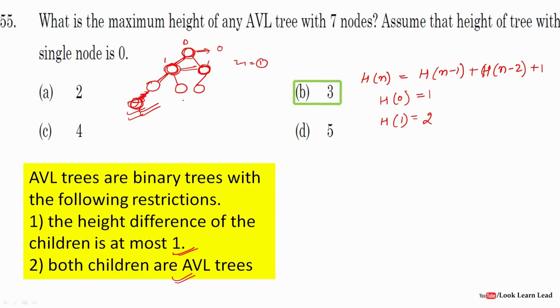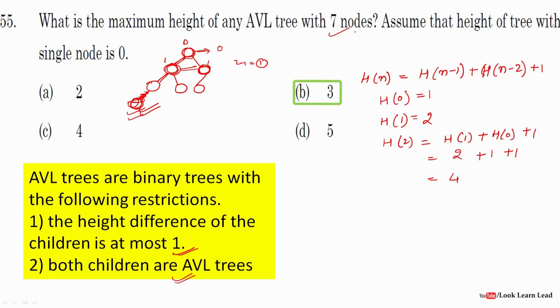In our options, we have 3 and 2. So 2 is not the answer. Let us calculate for 2 also. We have to calculate h of 2. So h of 2 would be h of 1 plus h of 0 plus 1. h of 1 is 2, h of 0 is 1 and plus 1, which is equal to 4.